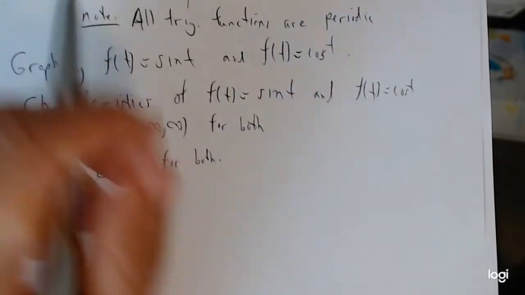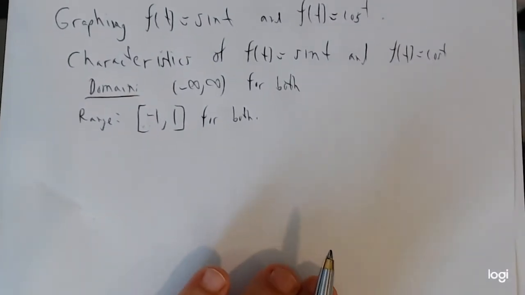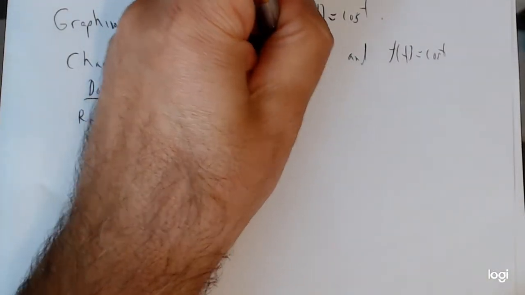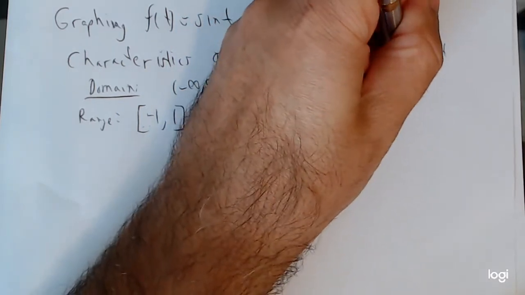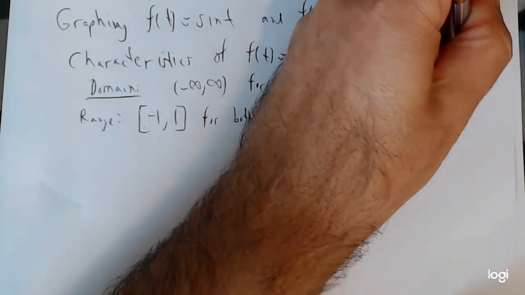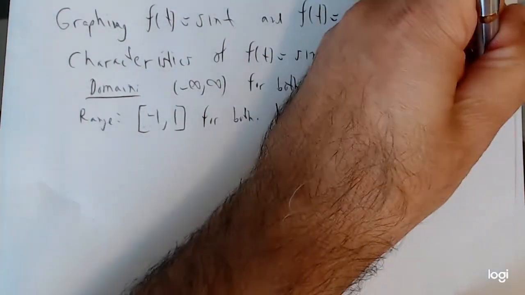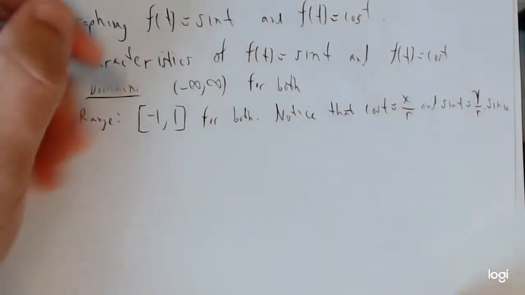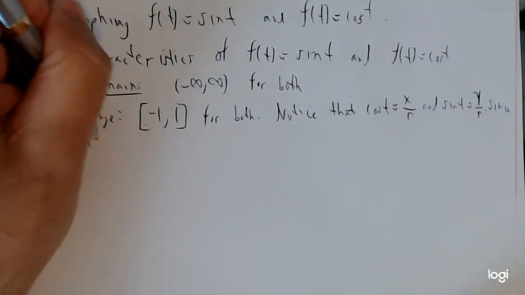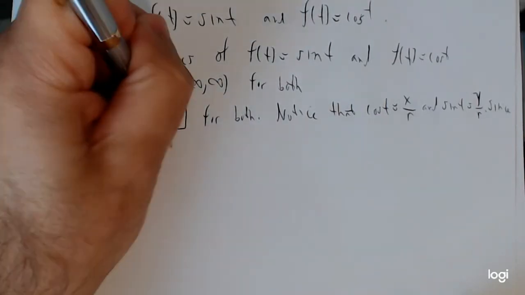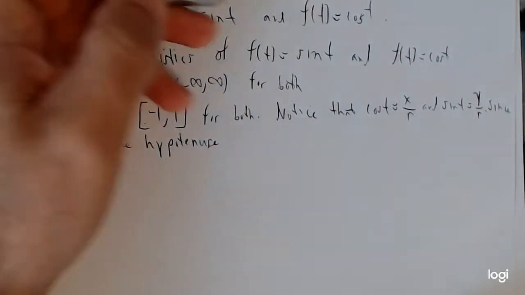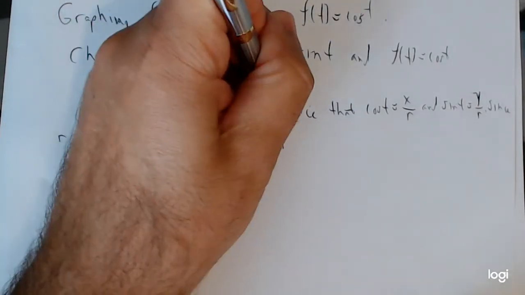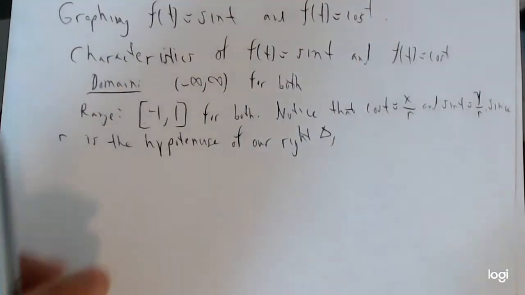So let me explain to you why this ends up being -1 to 1. Notice that cosine of t by definition is x over r, and sine of t is y over r, right? That we know from previous chapters. Since r is the hypotenuse of our right triangle, what is it that we know?